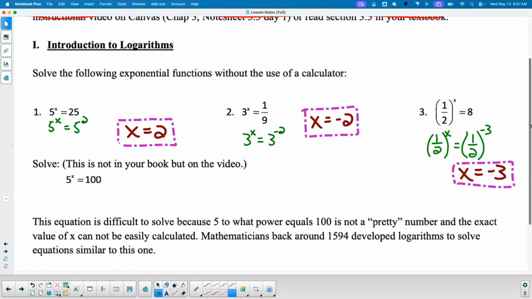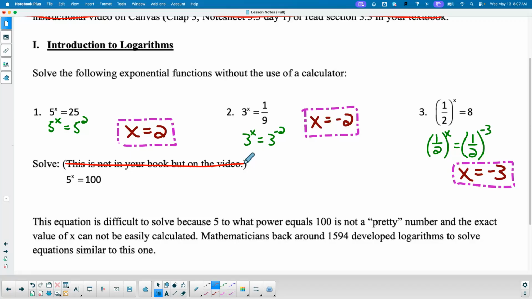What about this one? 5 to the x equals 100. This one's hard because 100 is not a power of 5. But we could estimate it.